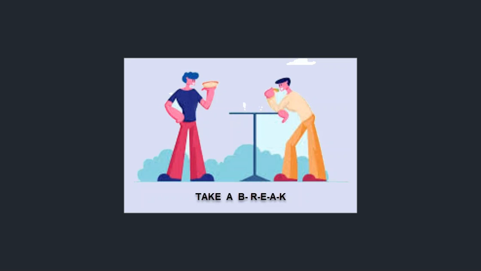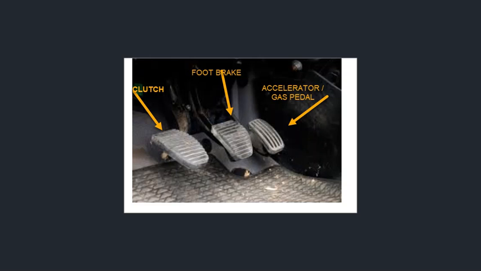The next picture are the 3 pedals that you press with your feet when you are driving. Do you know what they are called? There are 3 of them. These are the pedals you need for your feet.